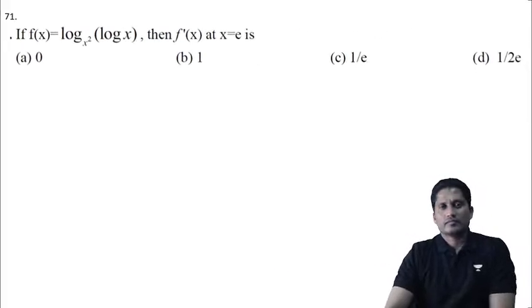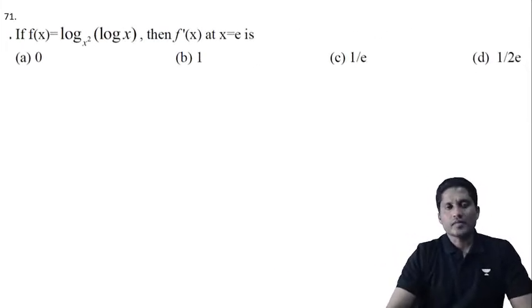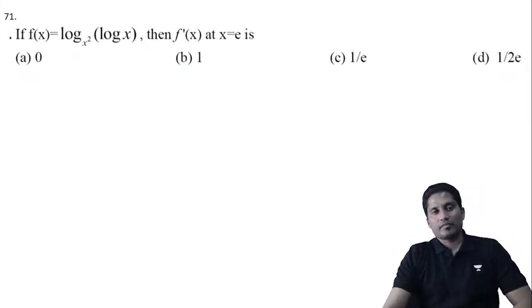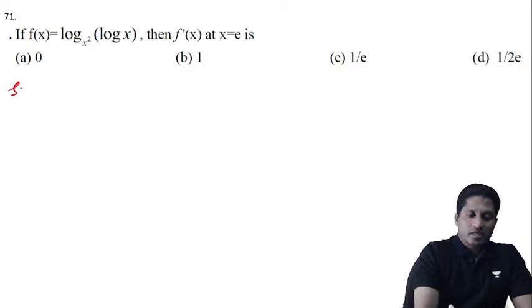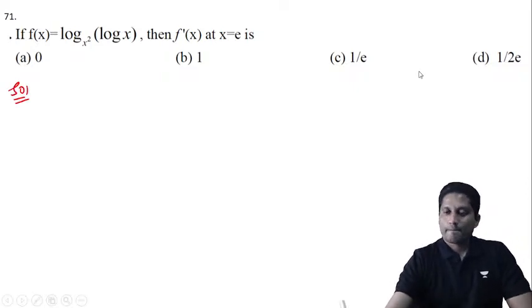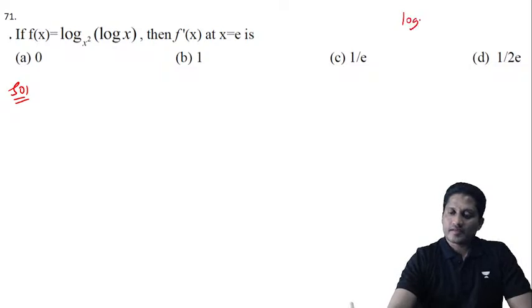Right? Question number 71. Log of log x base x square. These are COMEDK questions. See, I'll use the change of base formula. Log n to the base a can be written as log n by log a, right?